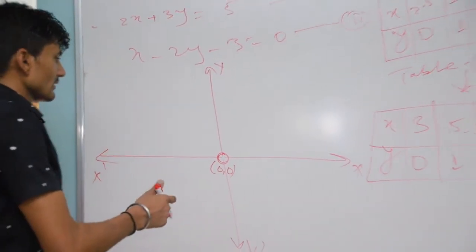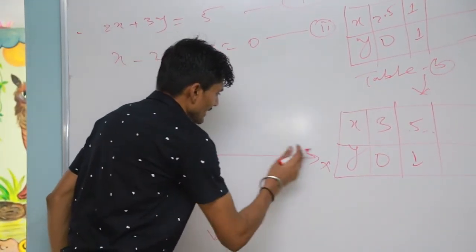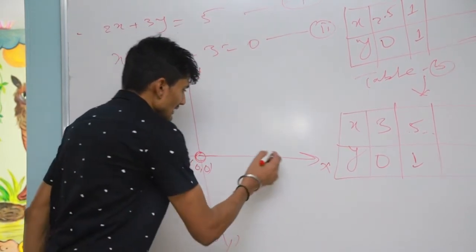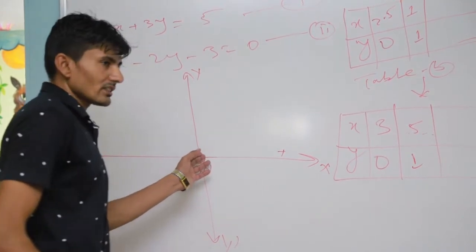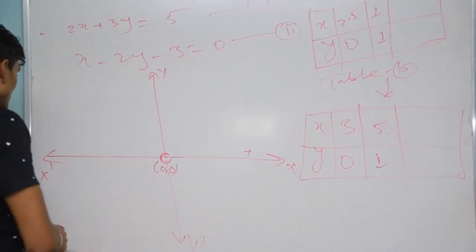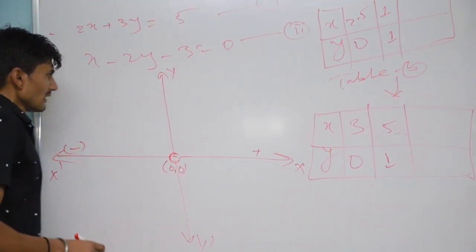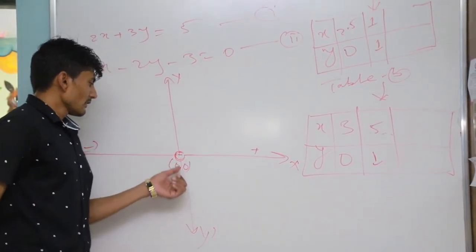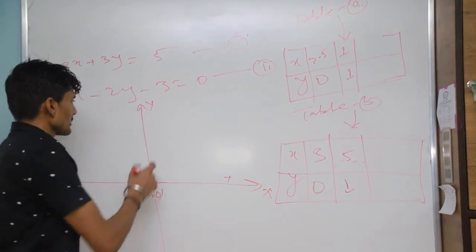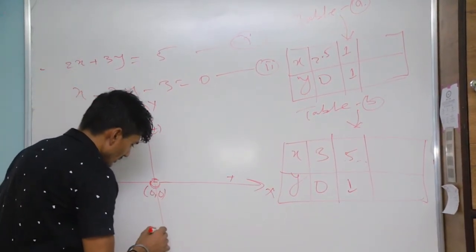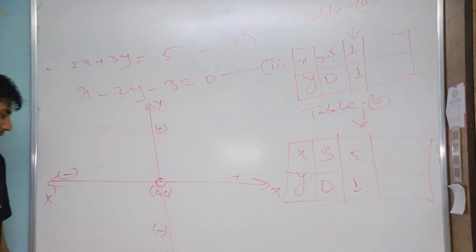From the right side of the origin, the horizontal line, that is the x, will be positive, and the left side of the origin on the horizontal line will be negative. The upward direction from the origin, that is y, will always be positive, and the lower direction will always be negative.